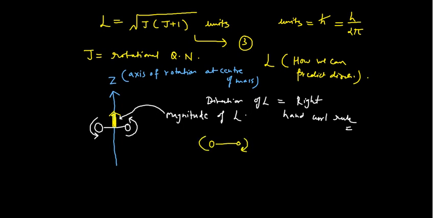Then what would be the direction? This is your z axis. What would be the direction of this rotational angular momentum? Then definitely it would be on the bottom side. So this is how we can predict the direction. This can also be predicted by the right hand curl rule. See how?